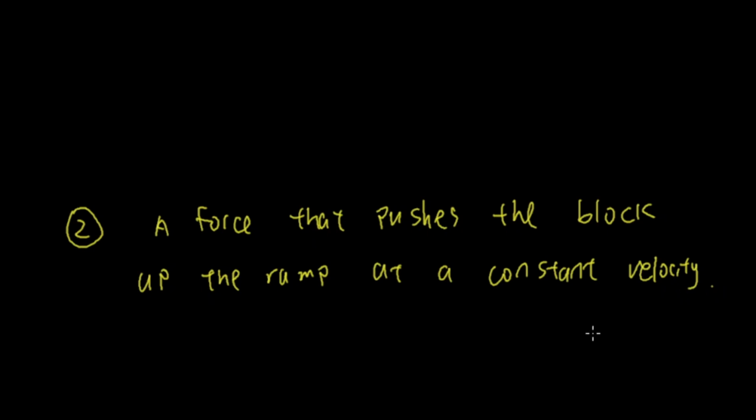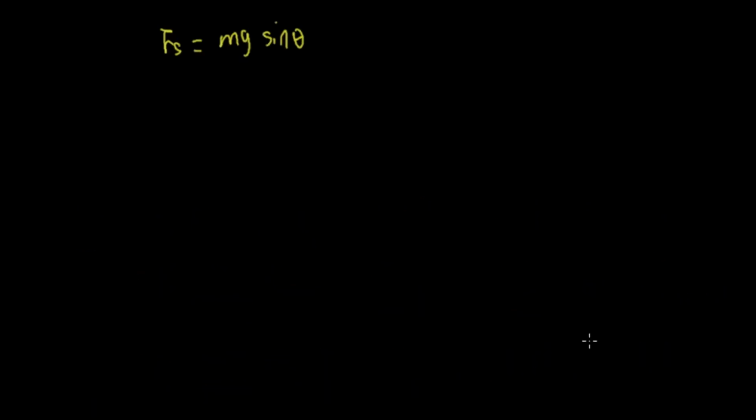Okay, so let me draw a diagram here. Now, in this case, I will draw in a different direction. So here's the ramp. And here's the block. And we label our axis this way.